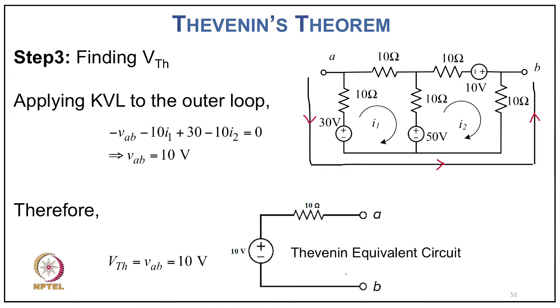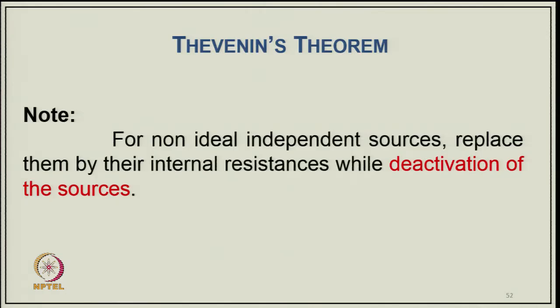Now you get VAB equal to 10 volt. Therefore VTH equals VAB equals 10 volt. So we can represent the whole circuit with this 10 volt source and the 10 ohm resistance. This becomes the Thevenin equivalent circuit of the total circuit.